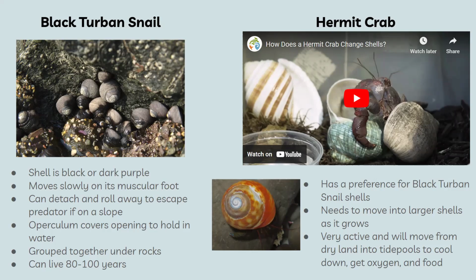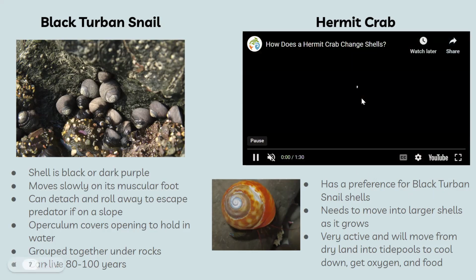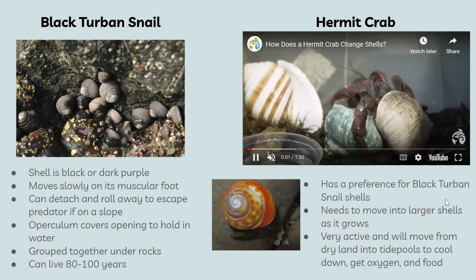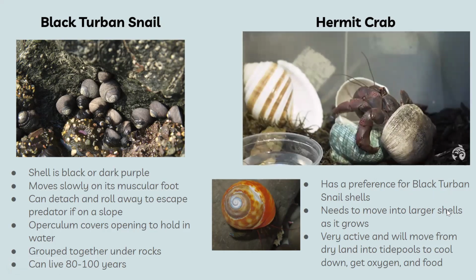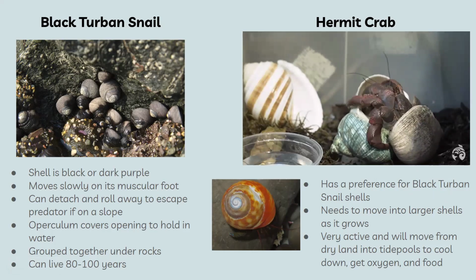As they grow, hermit crabs constantly have to find new shells to move into to accommodate their growing body. So let's watch this video. There's no sound, but just watch what it does as it's moving from its old shell to its new shell.